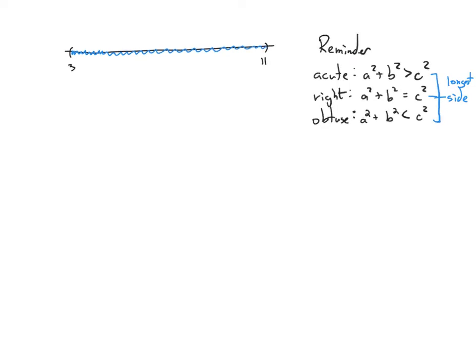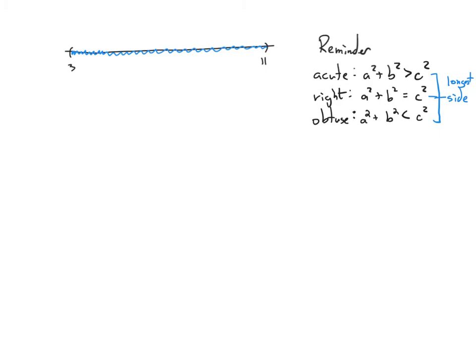And as a reminder, those Pythagorean inequalities are what's going to allow us to classify when a triangle is acute, right, or obtuse. Of course, a right angle triangle has a squared plus b squared equals c squared, where c is the longest side. And acute and obtuse have greater than and less than, respectively. And remember, in all of these, this c is the longest side.